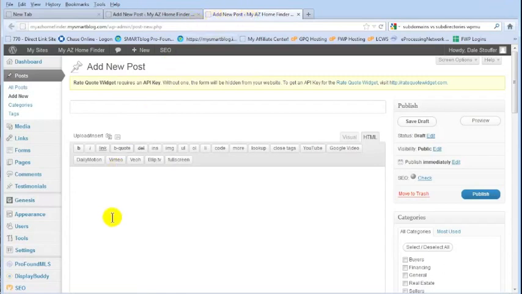So if you're linking between one page and another, or you're doing different things between pages, you can have multiple pages open. It makes your work easier as you go along. You'll figure that out for yourself.